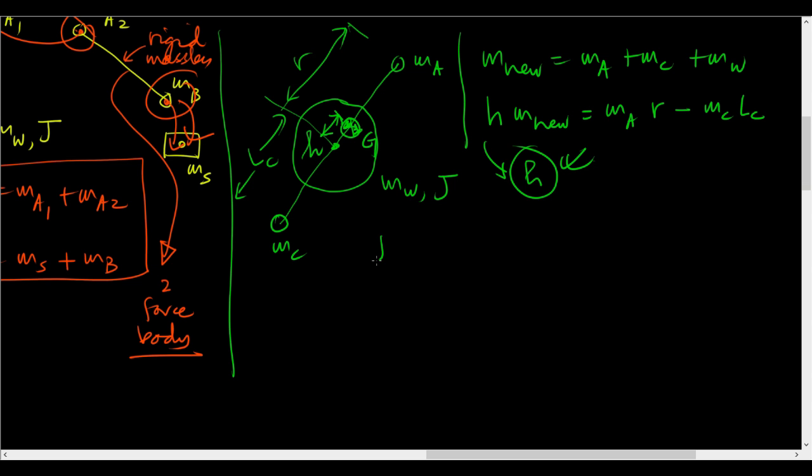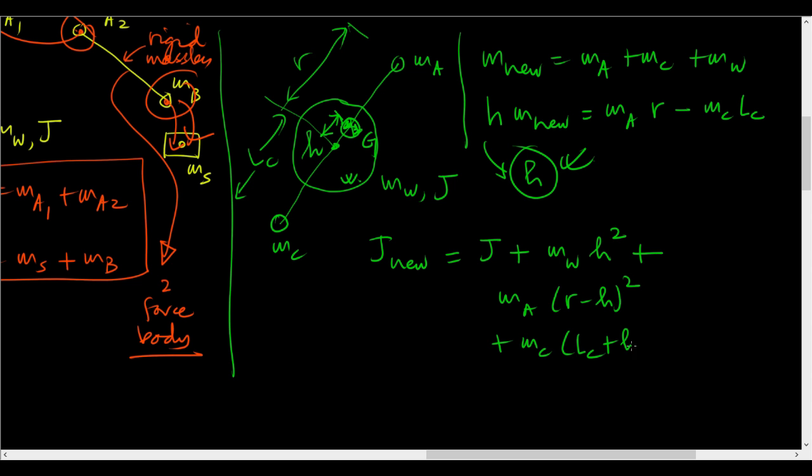It also has a Jnew, which is the moment of inertia of this body using the parallel axis theorem. That is J plus MW h squared. Remember, I found h already, no problem, plus MA times (R minus h) squared plus MC times (LC plus h) squared.